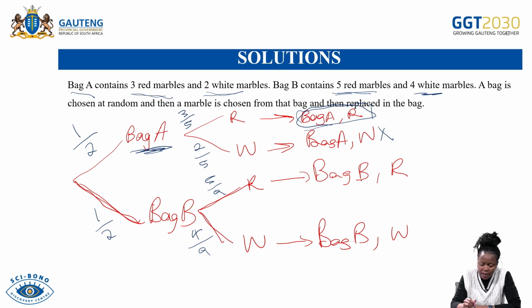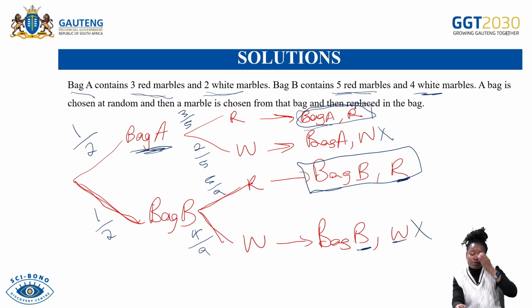We are getting bag B, and in bag B we are getting a red, so we are also happy with this one. And then bag B with white marbles is also out because we are looking for a red marble. So the only outcomes we are interested in are this outcome and that outcome.